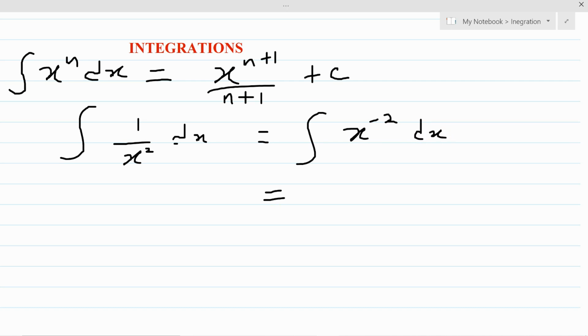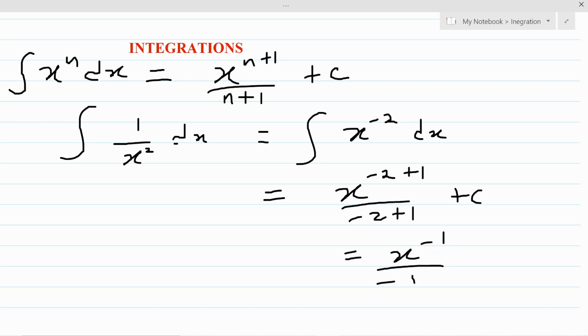So integrating this, we just add 1 to the top, then negative 2 plus 1 plus c, and this will give me x to the negative 1 over negative 1, plus c. So this is actually going to be negative 1 over x plus c. If you could manipulate your indices, this is what we will get.